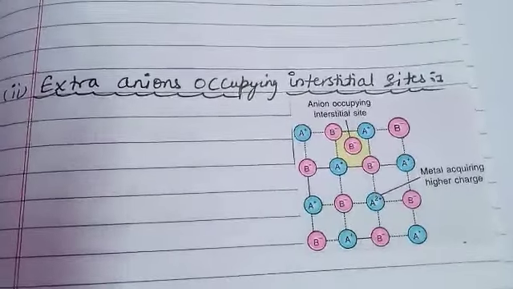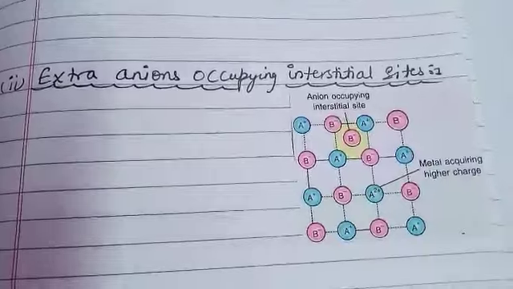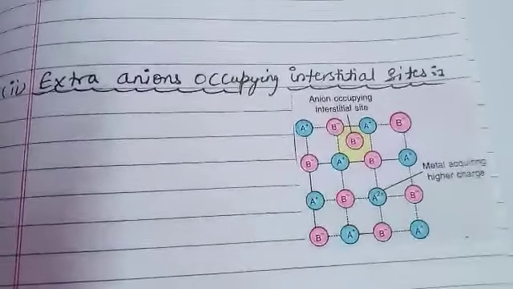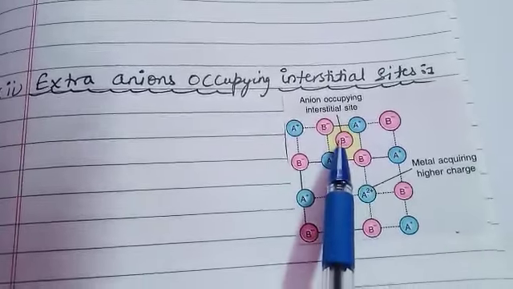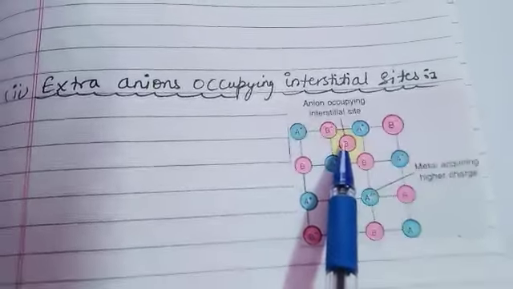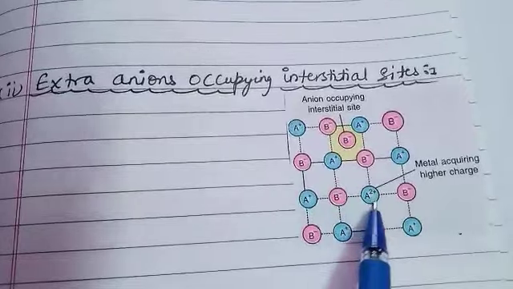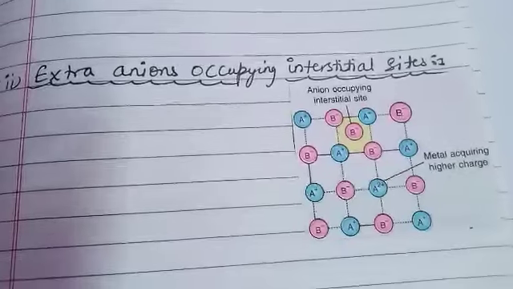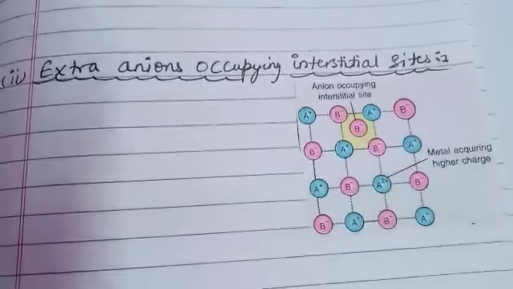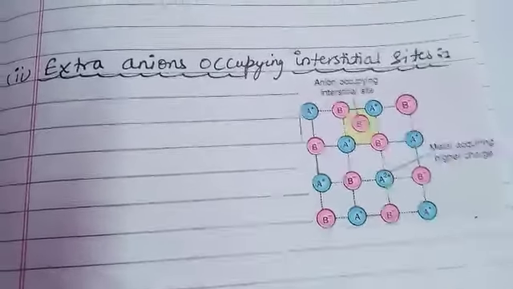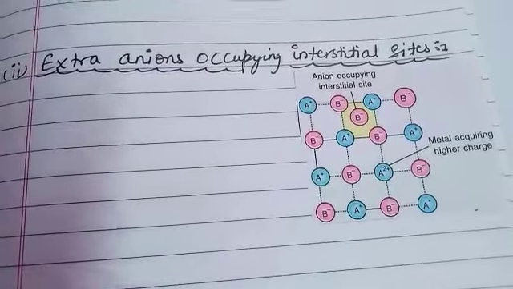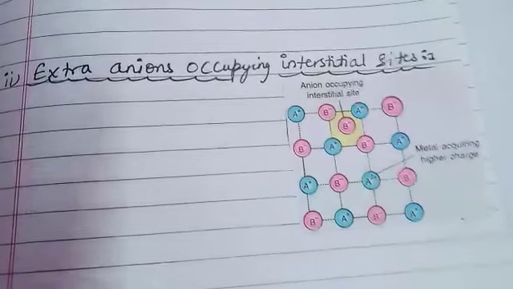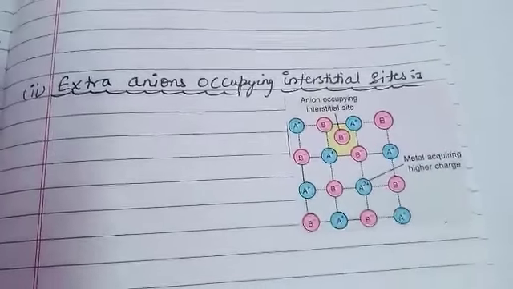Because you know the size of an anion is much more than the size of a cation. That's why this defect is uncommon. The pattern is the same: an anion goes to the interstitial site and, to maintain neutrality, one of the cations acquires a higher charge. But this one is uncommon because anions are larger in size and generally will not fit in the interstitial sites, क्योंकि gaps काफ़ी छोटे होते हैं comparatively. Okay, now thank you.